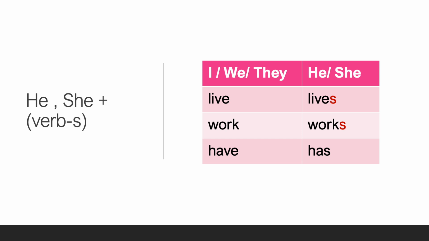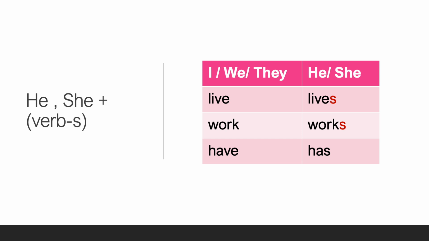For example, I live. I, we, or they, of course, any one of them will take this verb. We don't add anything to the verb in the simple present. So I live, we live, or they live. I work, we work, they work.